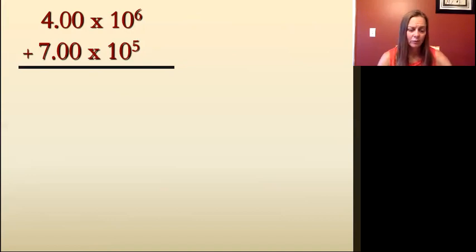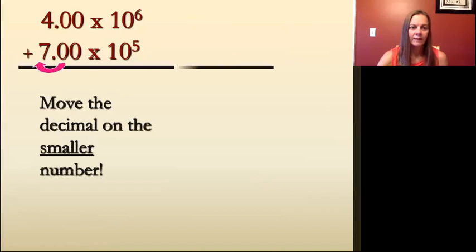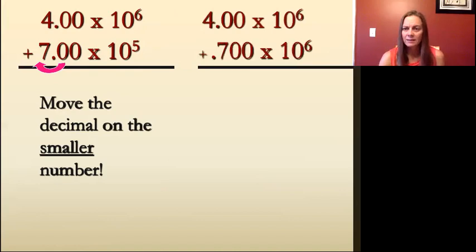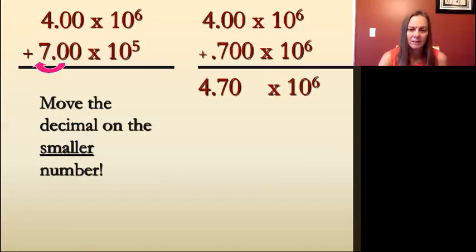So we're going to move the decimal on the 7 times 10 to the 5th, and that's going to give us 0.7 times 10 to the 6th. That's not standard scientific notation, but while we're in the middle of a calculation, that's okay. Now we can simply add the numbers and bring down the exponent, and we have 4.7 times 10 to the 6th.